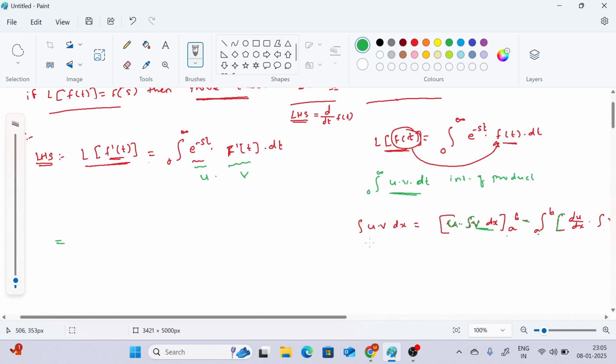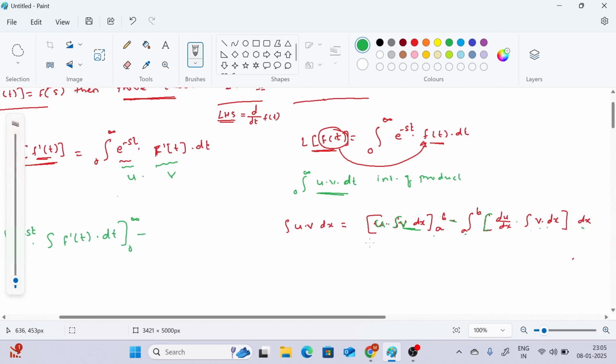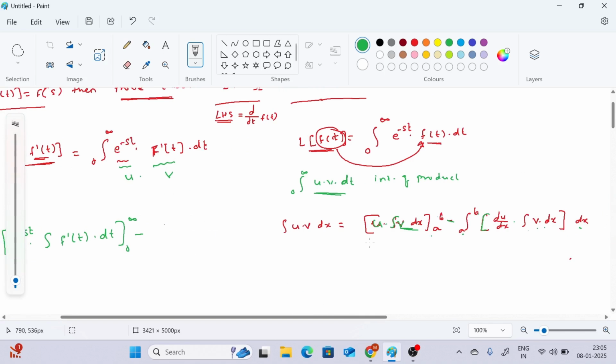So what I will get? I will get u means e raised to minus st into integration of f dash of t into dt, limit 0 to infinity, minus integration 0 to infinity into du by dx.